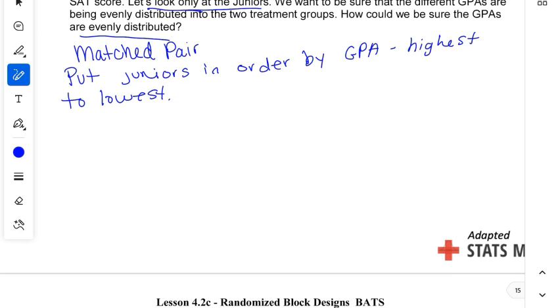So that means you'll have 1 and 2 together, 3 and 4 together, 5 and 6, you get it?